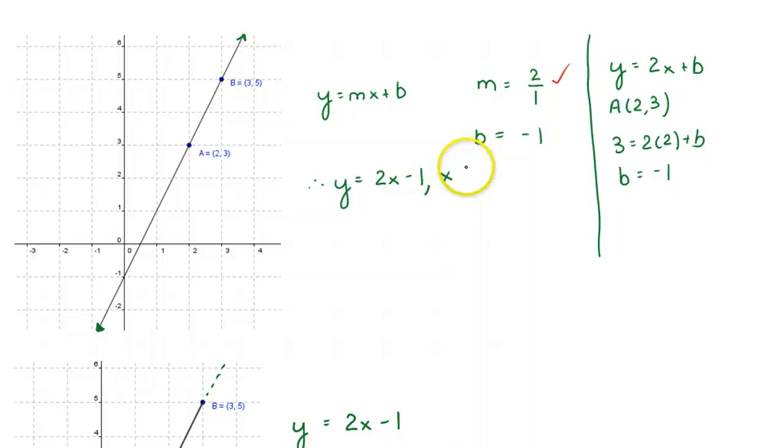So what we can say is x is an element of the real numbers. Now, I don't often write this, but let's just write this: x is an element of the reals. We don't need to write this every time because it's just commonly accepted that if you give the equation of a line, x can be any real number.